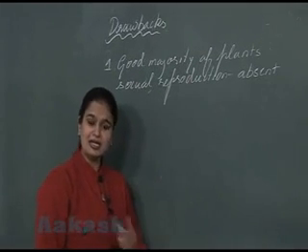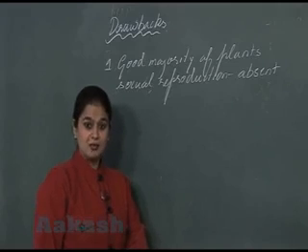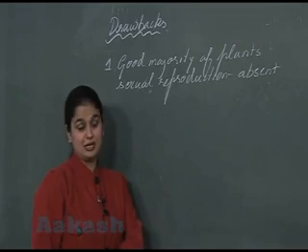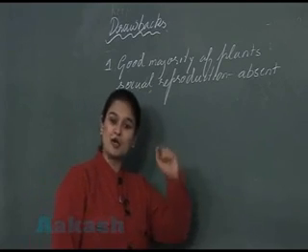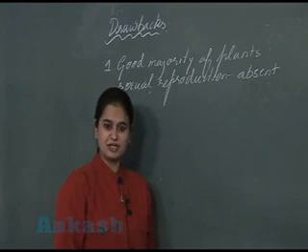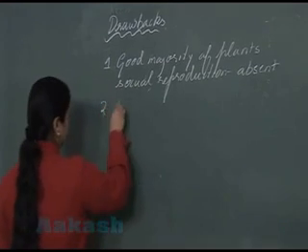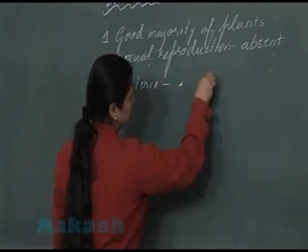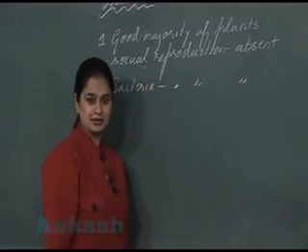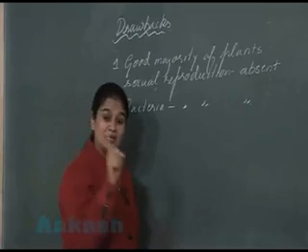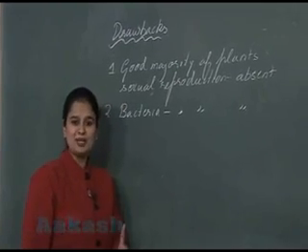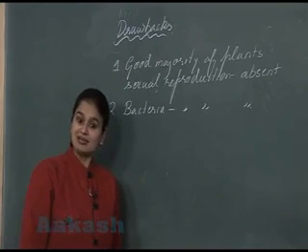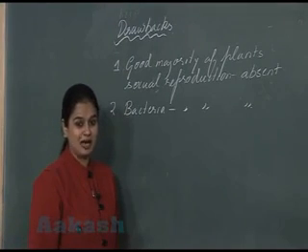Same is the case with bacteria. In bacteria, asexual reproduction is present, but the true form of sexual reproduction in the bacteria is absent. So again, this concept cannot be utilized for classification of bacteria. Bacteria cannot be classified on the basis of the biological species concept because in bacteria, sexual reproduction is absent.